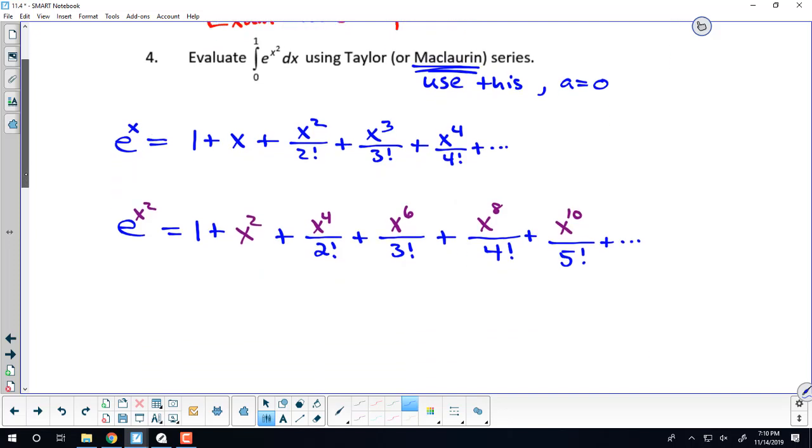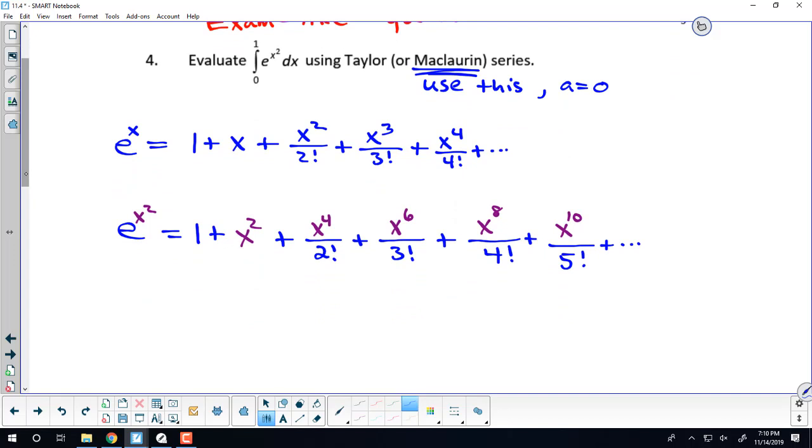So then keeping in mind that we are wanting the antiderivative, now we'll take the antiderivative of both sides. So the antiderivative of that is equal to the antiderivative of all of this.